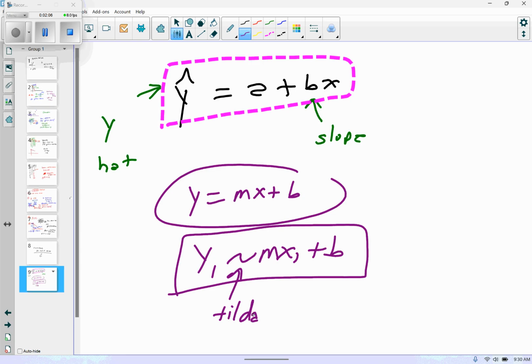You will use tilde anytime you find any type of equation on Desmos. Tilde does indeed become the equal sign as far as an equation goes. If I asked you for the equation and you gave me y tilde mx plus b, that's totally fine. I know you know what you're talking about.